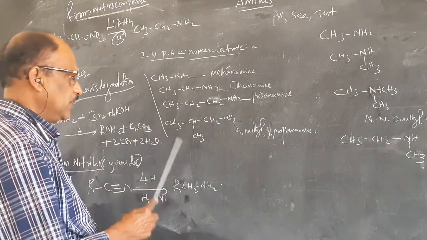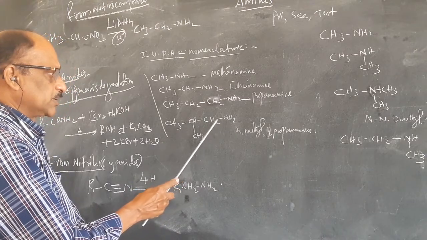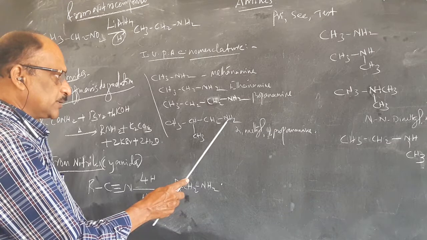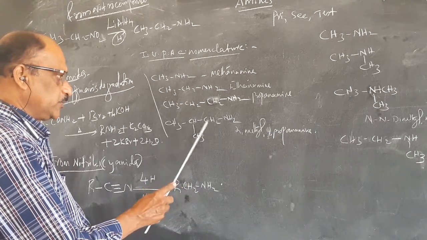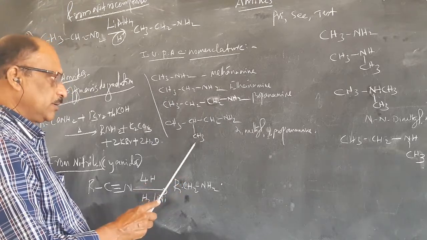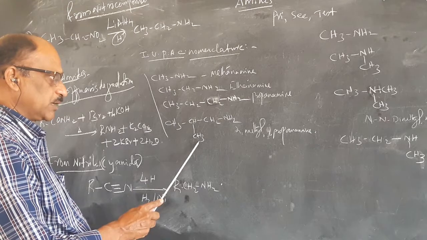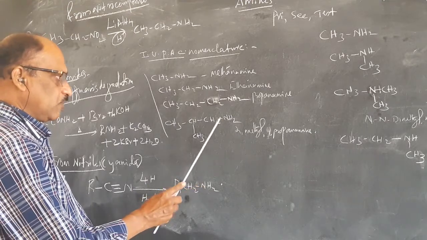But if you have some side group, you have to maintain the side group. You have to find the longest carbon chain connected to the NH2, that is 1, 2, 3, starting from the NH2. At the second carbon atom there is a methyl group, so it is 2-methyl-1-propanamine.